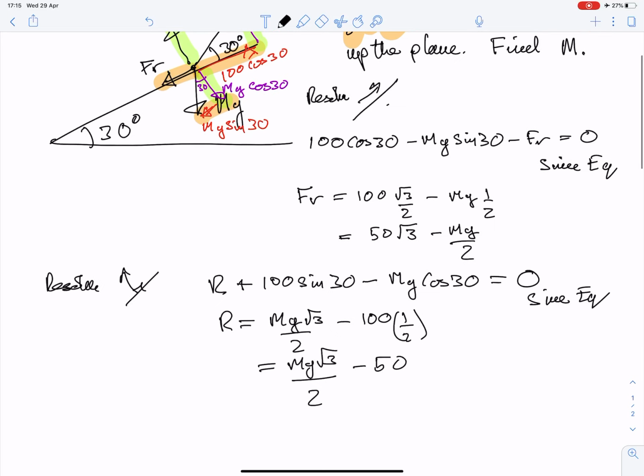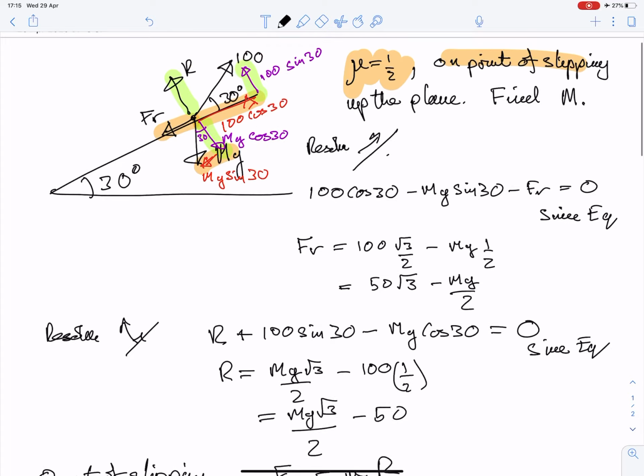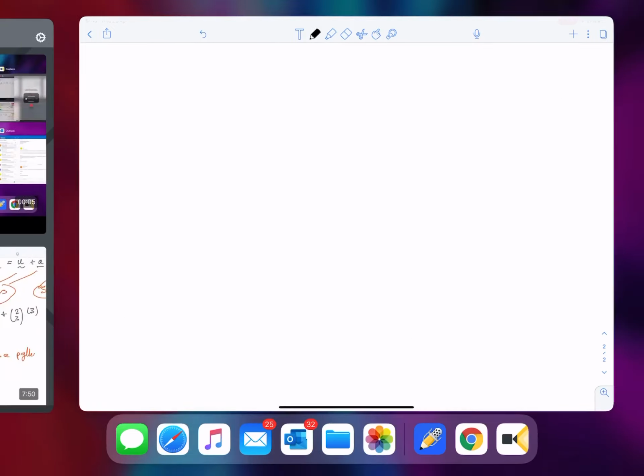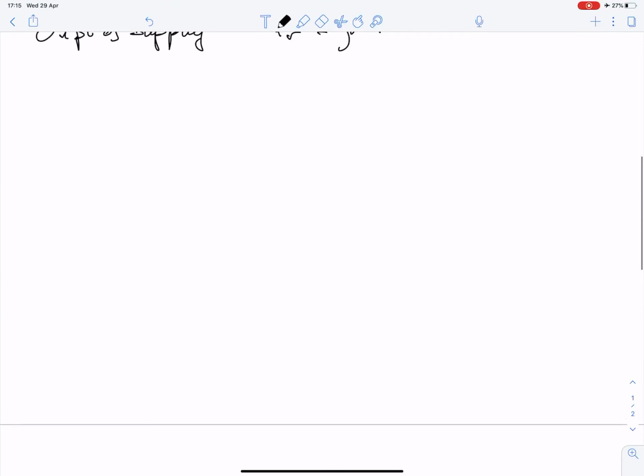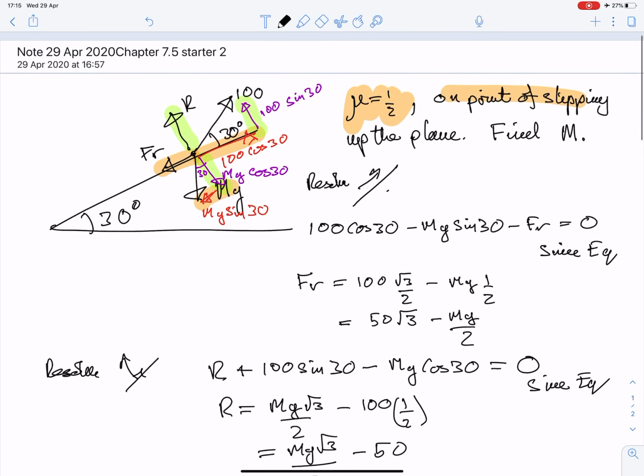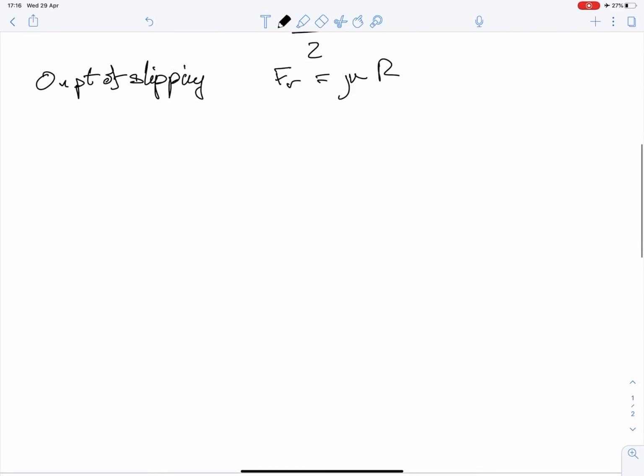Okay, so we're on the point of slipping. So friction is equal to mu R. So we're going to substitute in from above. We've got mu equals 1/2.